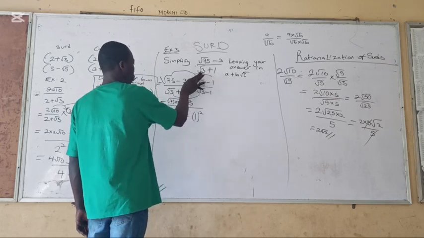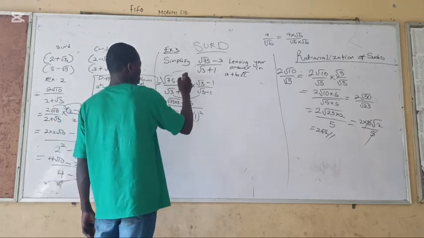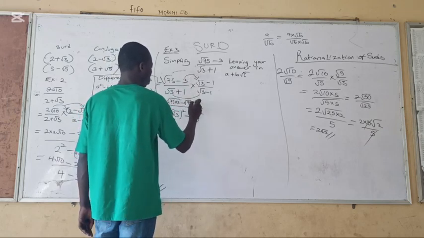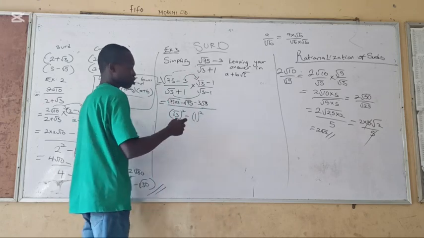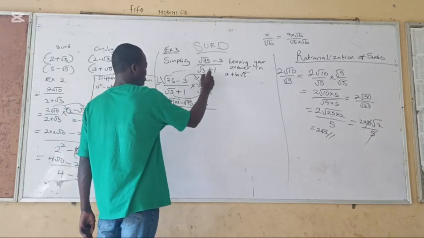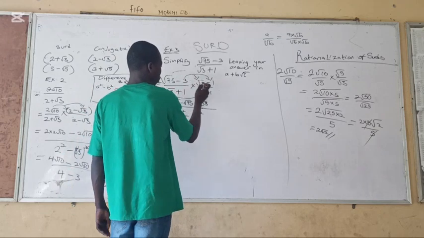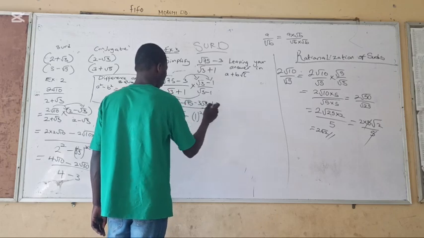After multiplying both by root 75, we are now going to move here, which is minus 3. Minus 3 multiplied by root 3 is going to give us minus 3 root 3. You must learn how to expand. Also, we are going to multiply minus 3 with minus 1. So, minus 3 multiplied by minus 1 is going to give us plus 3.